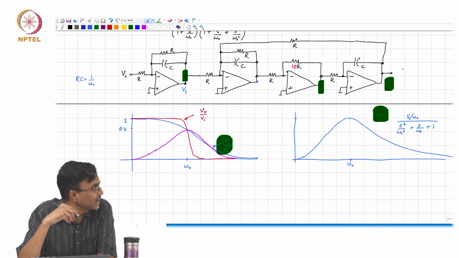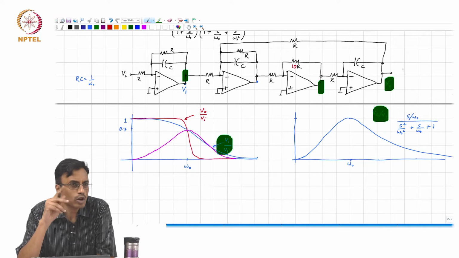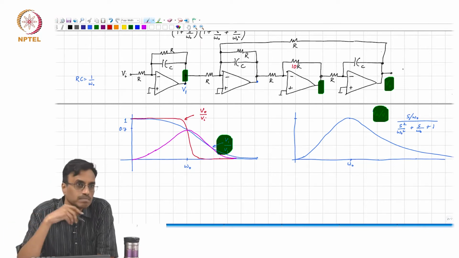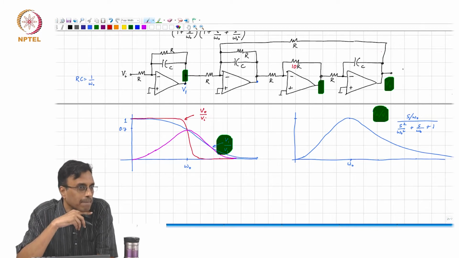If I just make that resistor 10 times larger, what comment can we make about the transfer function of the biquad? Will it change or will it remain the same?